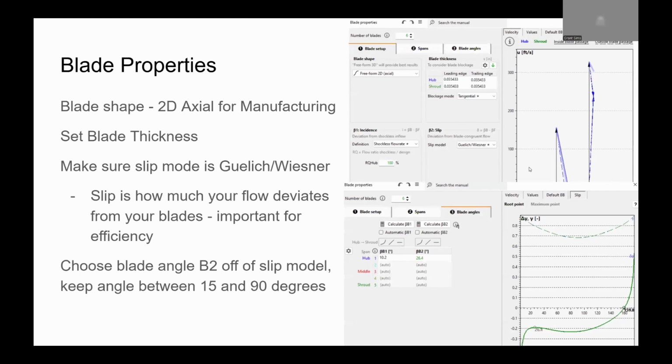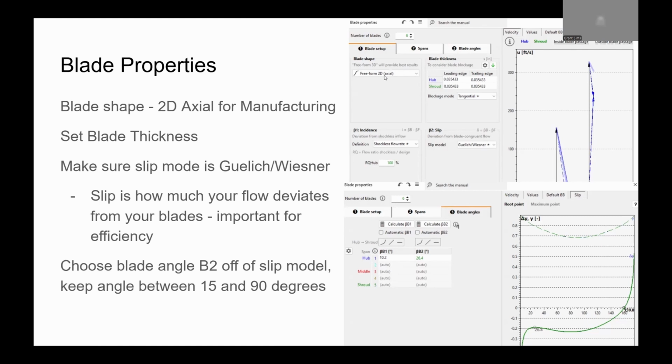Blade properties. So here is where you get the actual design of your blades. The important thing here is we want to choose 2D axial because if you choose freeform 3D, it's going to determine what your optimal blade shape is in 3 dimensions. And what that usually results in is really weird looking blades with all sorts of curves and twists in them that aren't manufacturable.